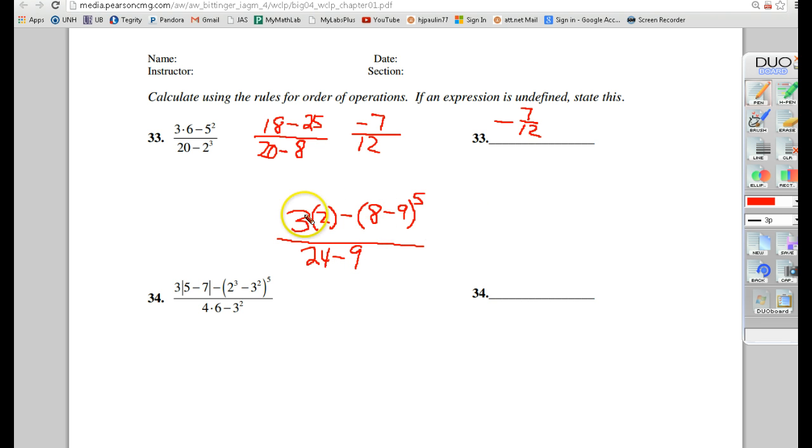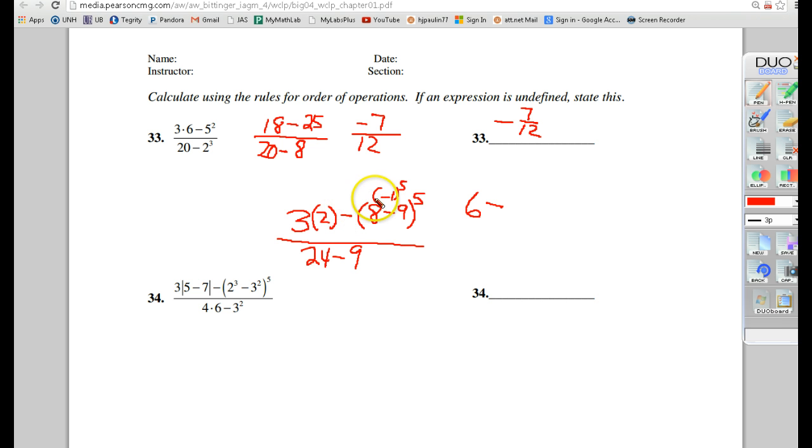Okay, so simplifying that, this is going to become 3 times 2 is 6. Minus, now inside here, this becomes a negative 1 to the fifth power. Now because it's an odd number of times we're going to multiply something, this ends up being a negative 1. Negative 1 to the fifth is negative 1.